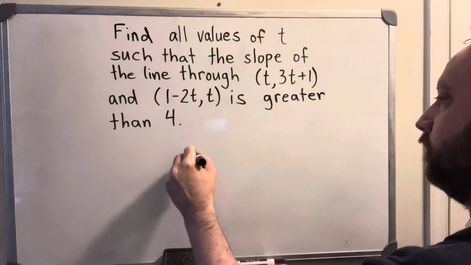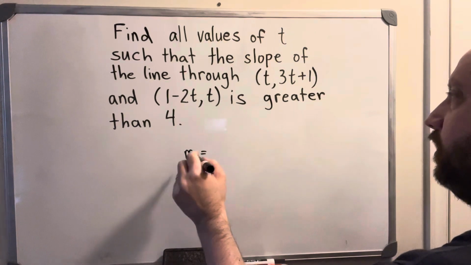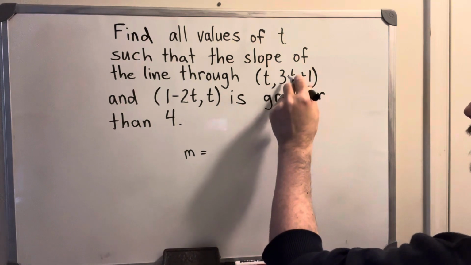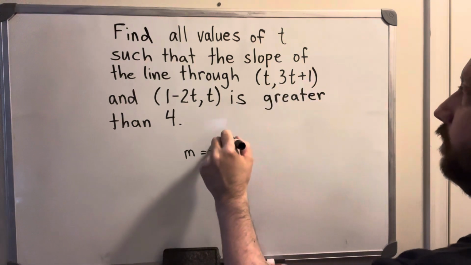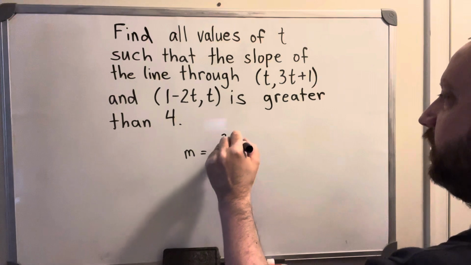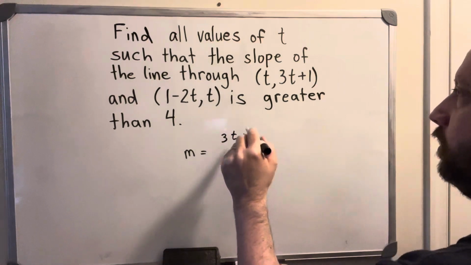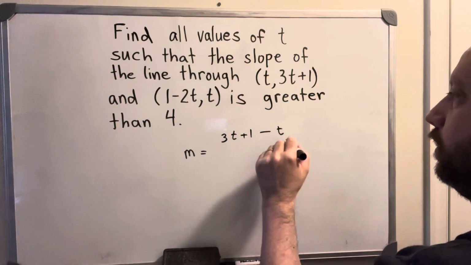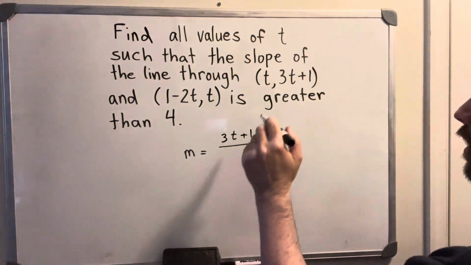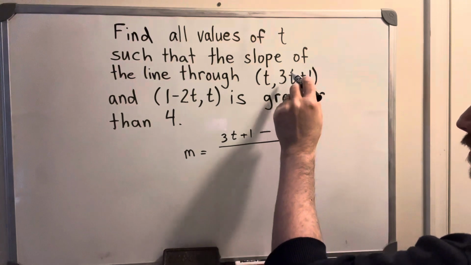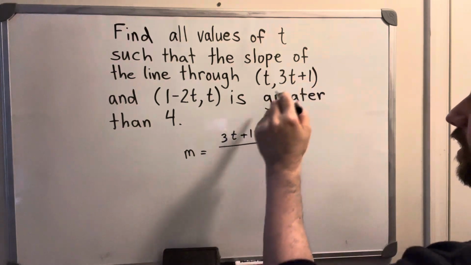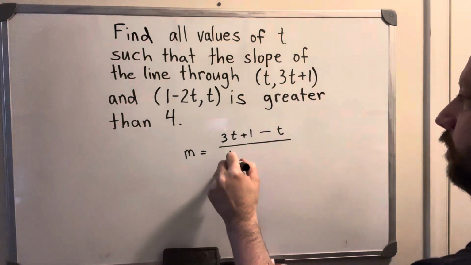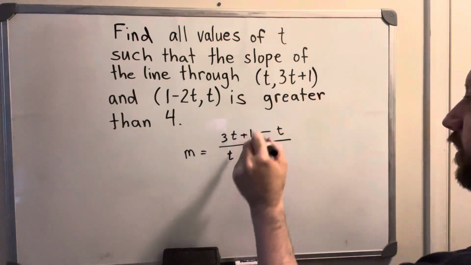So we could write the slope is equal to, we'll take this one as the first one. So 3t plus 1 minus t over, or if we take this one as the first one to subtract from in this top numerator case, then we've got to take this one as the first one in the denominator case.